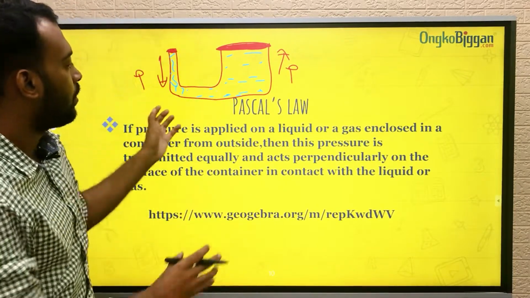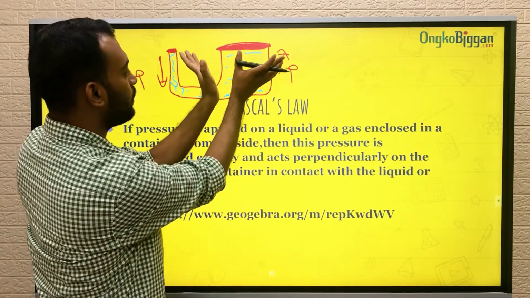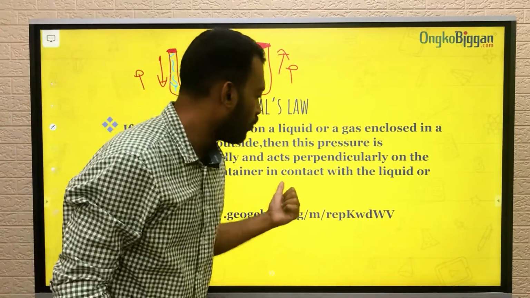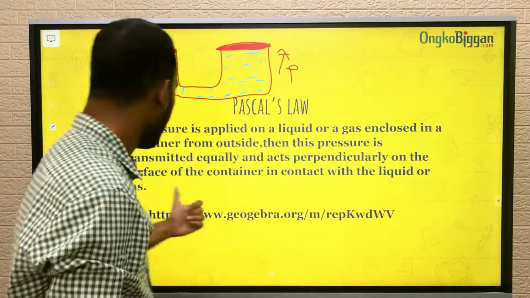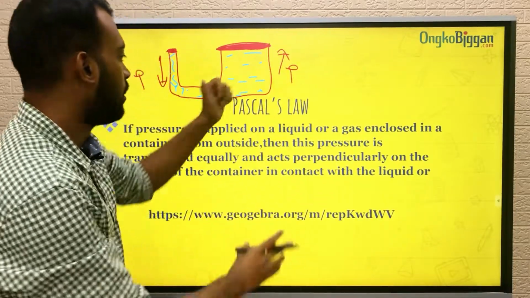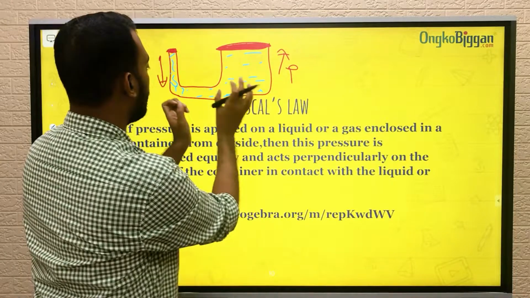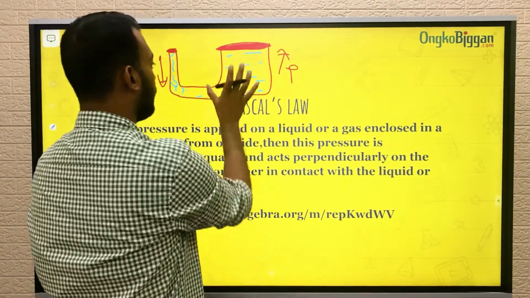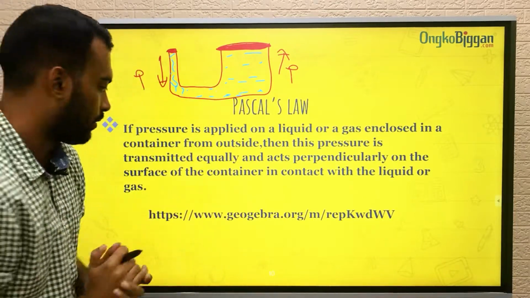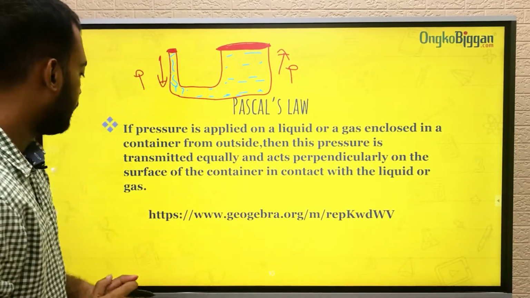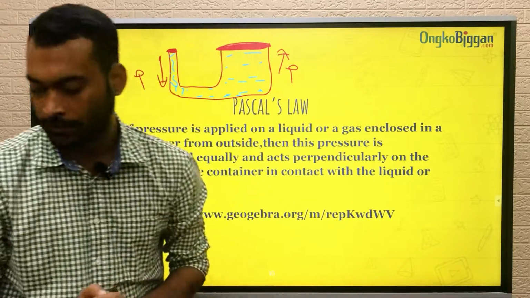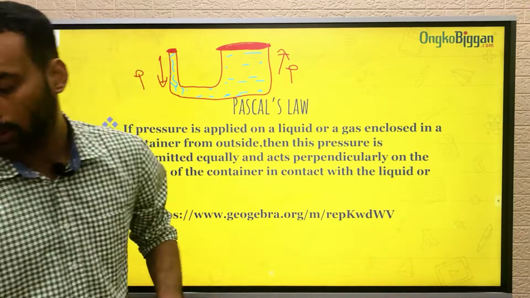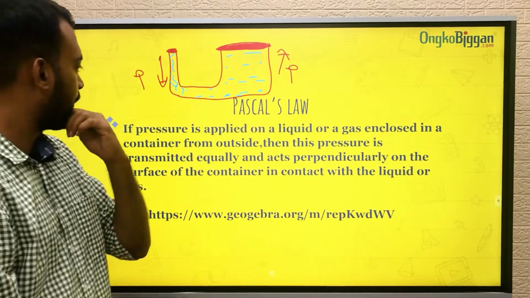Although the area of this piston is bigger, the pressure is transmitted equally and acts perpendicularly on the surface of the container, on the surface of the piston which is in contact with the liquid or gas. So this is the application of Pascal's law.